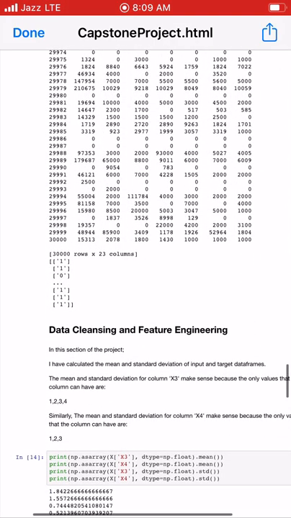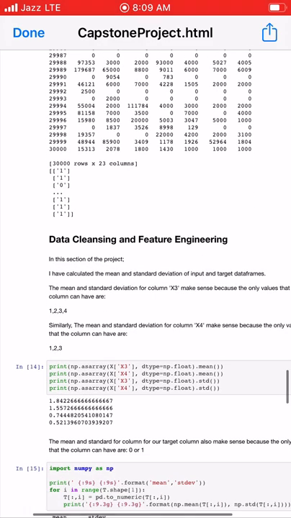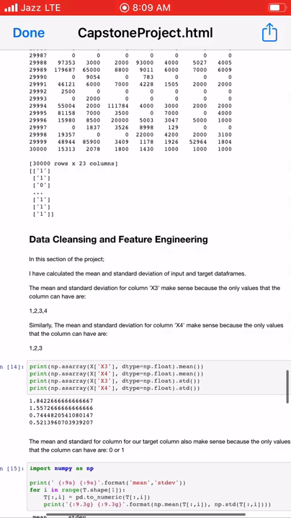After this, I've calculated the mean and the standard deviation of the input and target data frames. The mean of the X3 column is 1.84, and the standard deviation is 0.74, which makes a lot of sense because we can only have values in the range 1 to 4.